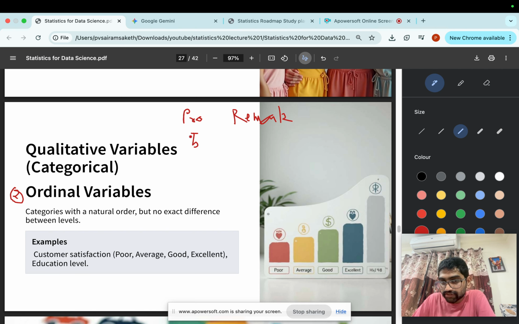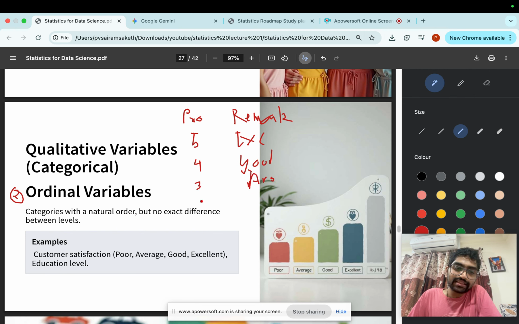If the product rating is 5, it means it is excellent. If the product rating is 4, he will get good. If the product rating is 3, you will get average. And if it is less than 3, it means poor. So here, you see, a proper order is there.